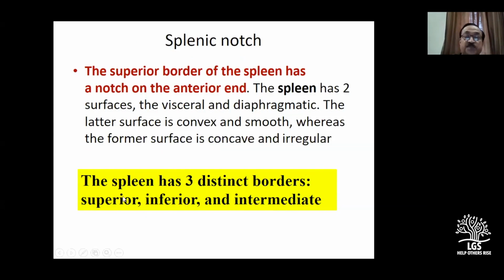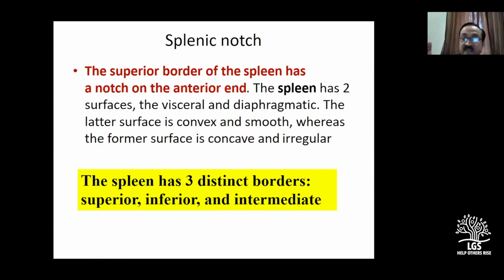And it is the superior border of the spleen that has got the notch at the anterior end. So it's a very small difference. As long as you appreciate a notch is palpable, that is very, very characteristic of splenic masses.